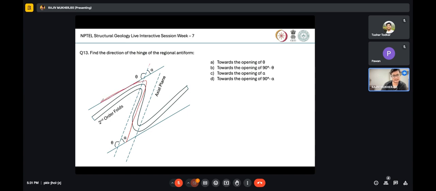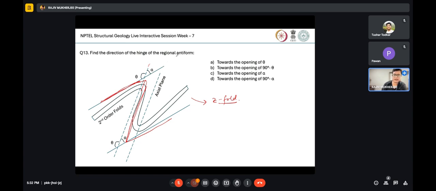This is your primary bedding plane, this is the trace of the axial plane, and this is again your primary bedding plane. So this is a Z fold. And from the orientation of the axial plane, you can identify in which direction the hinge should lie.